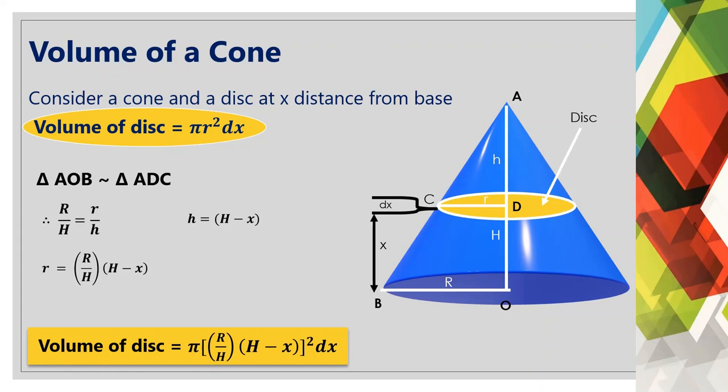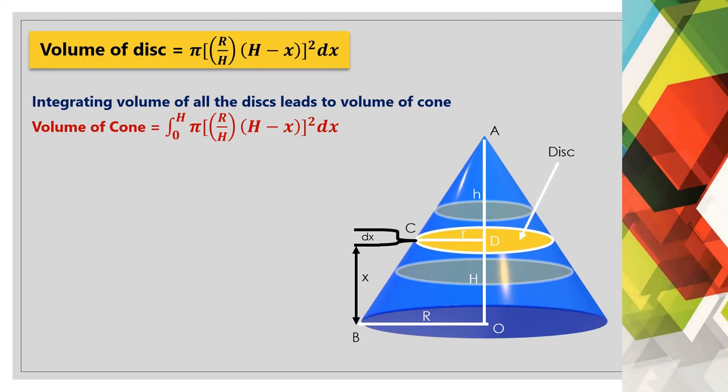On integrating the value of volume of the disks, the volume of the cone is found. X will range from the minimum value of 0 to the maximum value capital H, which is the height of the cone. Therefore, these are the limits of integration, and the formula is in the yellow box.